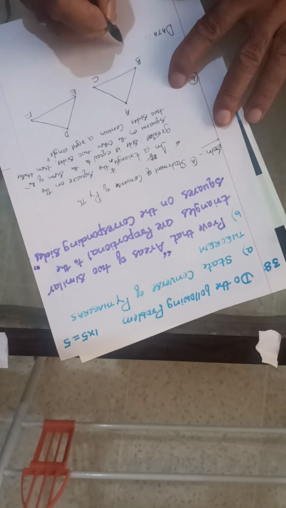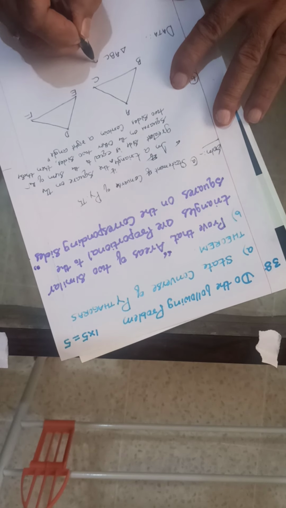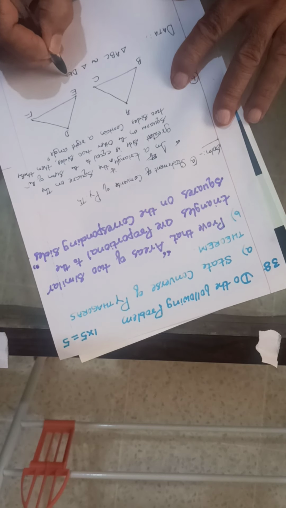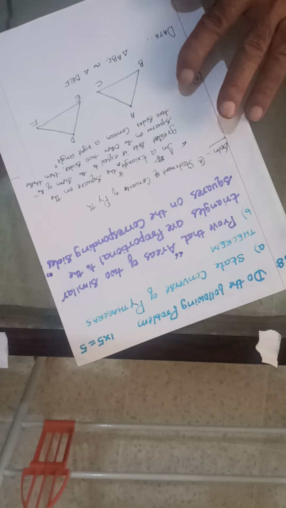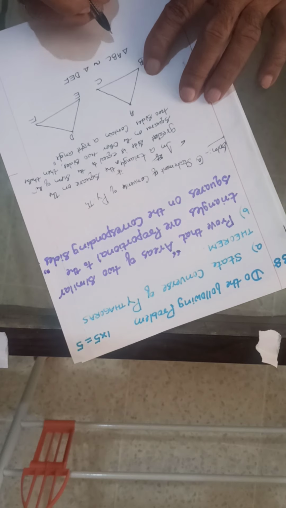Two similar triangles are given. That means triangle ABC is similar to triangle DEF. It is given. Now what do we mean by similarity? The angles are equal and the corresponding sides are proportionate.